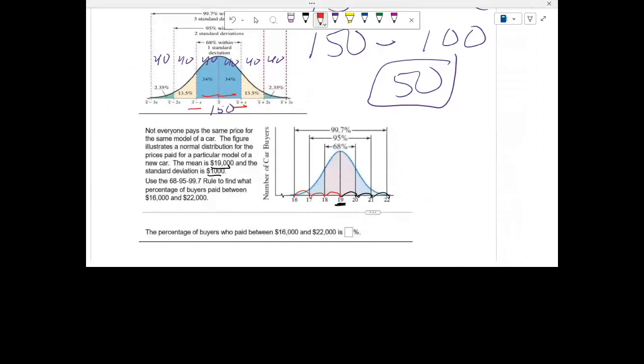Okay, now the question says use the 68, 95, 99.7 rule to find what percentage of buyers paid between 16 and 22,000. Okay, so y'all, what we're trying to do is we're trying to figure out what percent paid within this range.